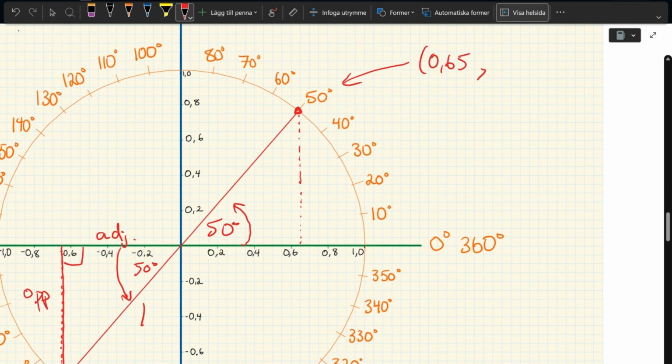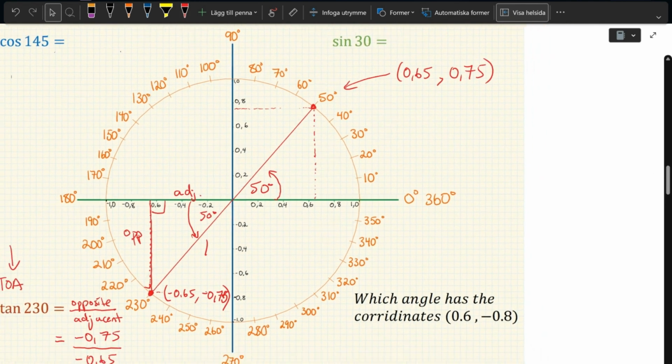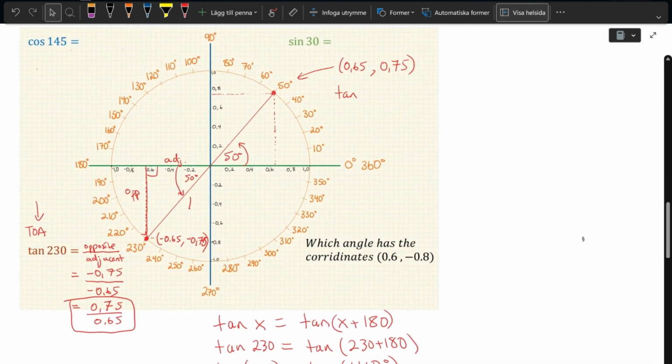And for our y value, say it's about here, we got 0.75. Very same values as below. So the tan of, in this case, 410 degrees, well, actually, we're looking at the tan of 50, according to our circle here.